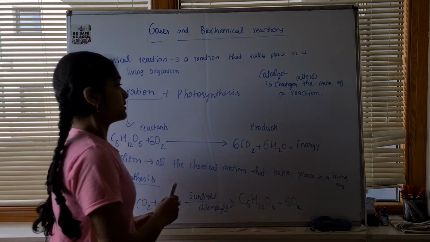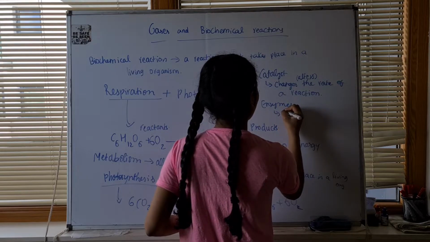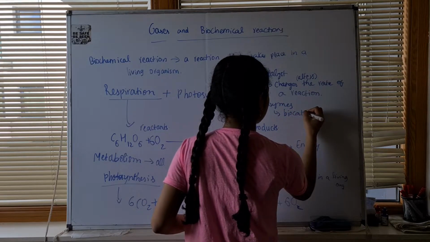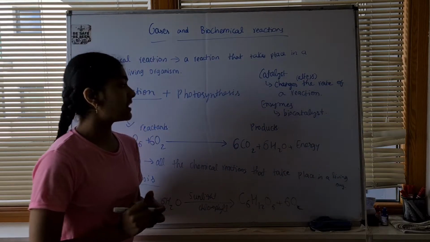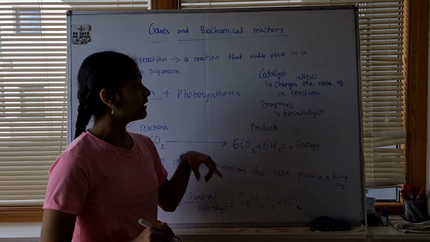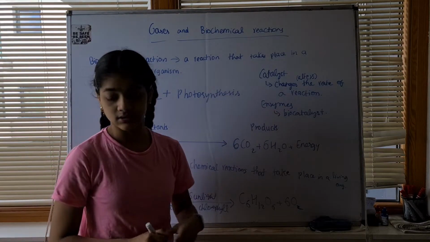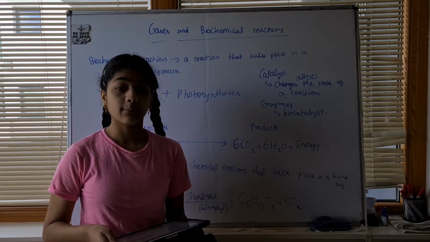Now, enzymes. Enzymes are biocatalysts because these are used for biochemical reactions, and these are the catalysts that are present in living organisms only. So enzymes is what we call them. The reactions in our bodies need to happen very fast.